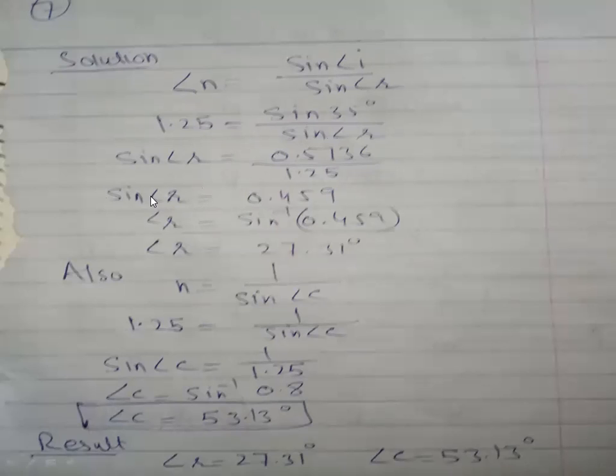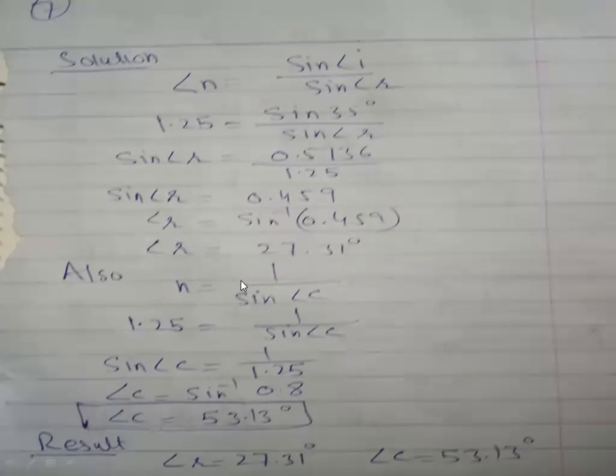Since we want to find the angle of refraction, take sine inverse on both sides. Sine inverse of 0.459, if you solve with the help of a calculator, will be 27.37 degrees.